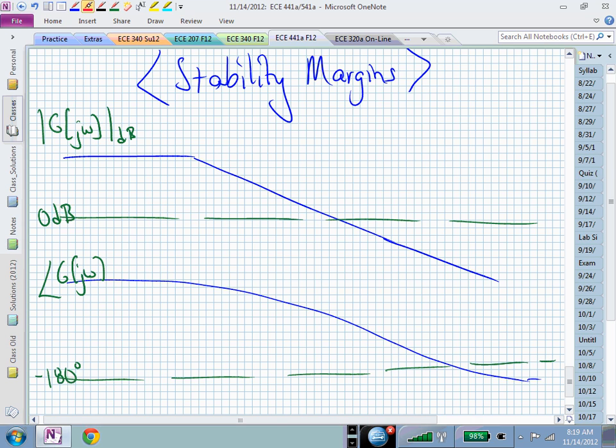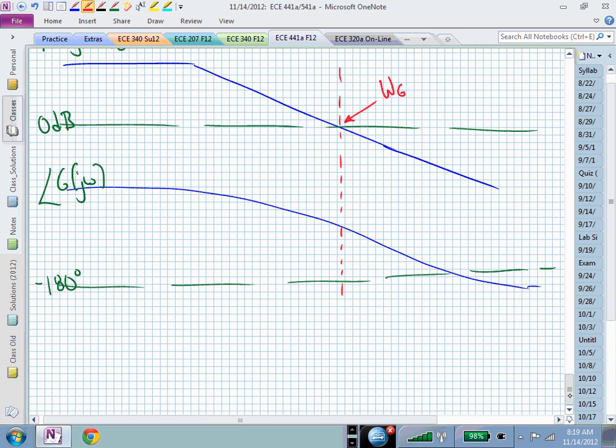I have one frequency where my magnitude curve crosses 0 dB, and this I will call the gain crossover frequency. Let me say omega sub g is our gain crossover. Here's omega in both plots, and those plots are aligned, meaning they're vertically consistent.